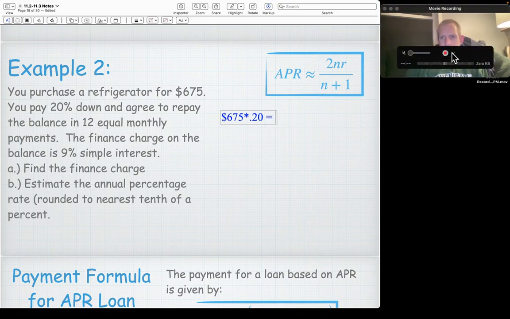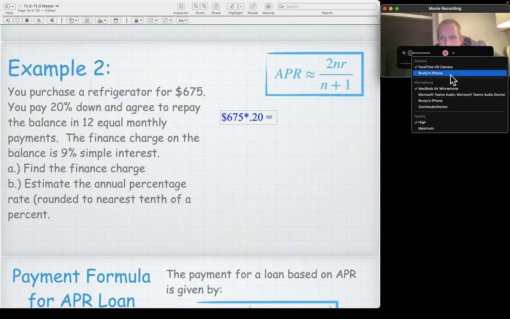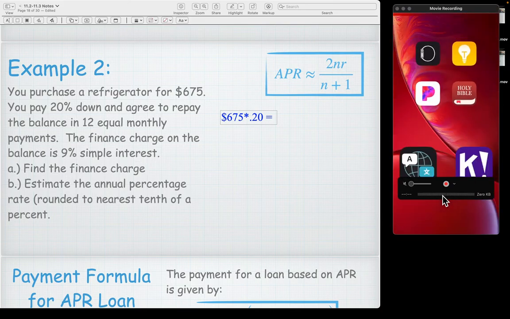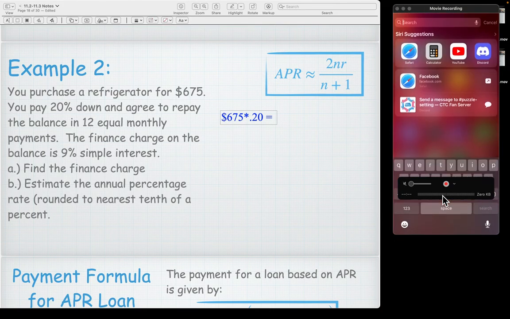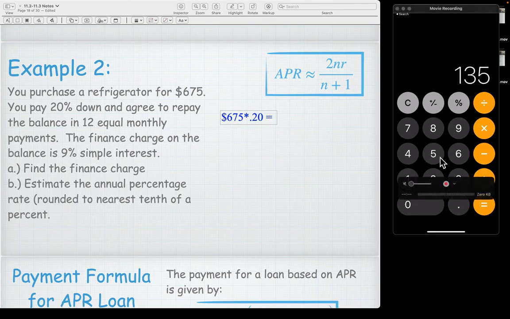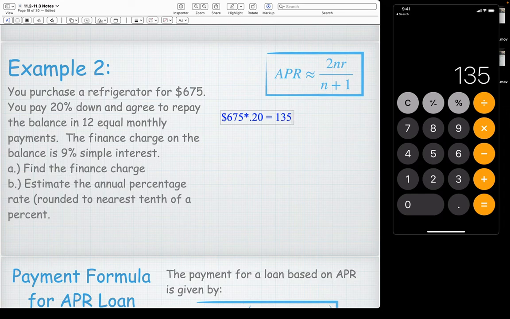Let me switch my calculator on. So 675 times 0.20 is $135. So that means right now we're able to pay $135.